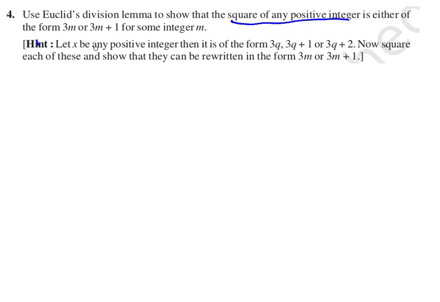According to the hint, let x be any positive integer. So, instead of a, we can take it as x. So, x be any positive integer, then it is of the form 3q, 3q plus 1, 3q plus 2.